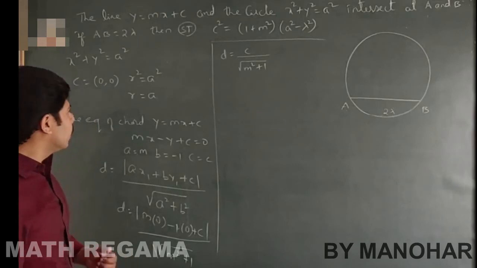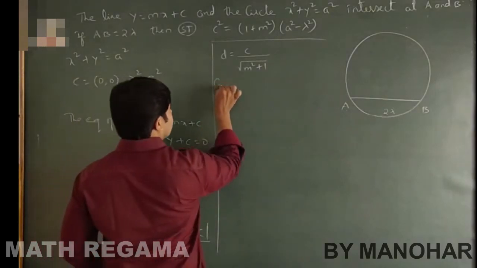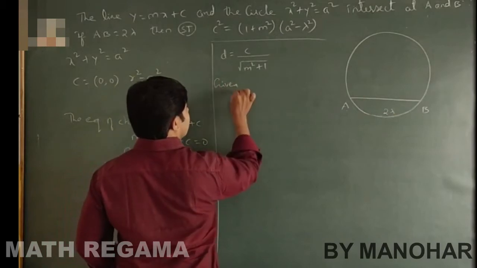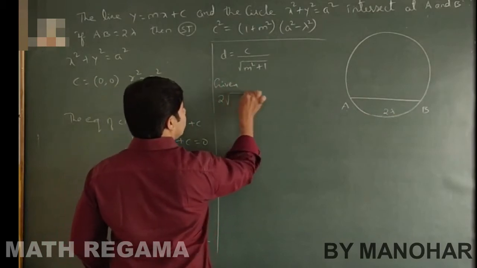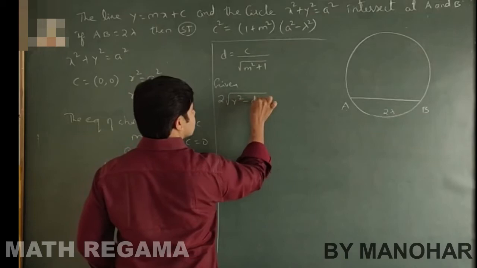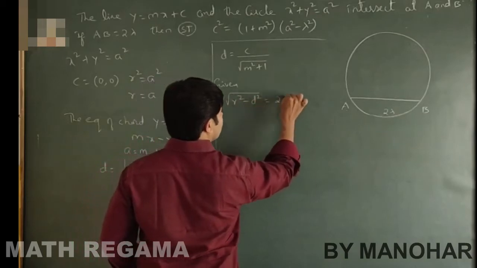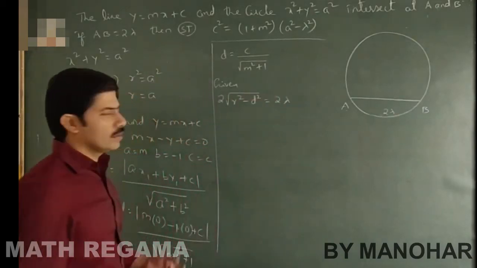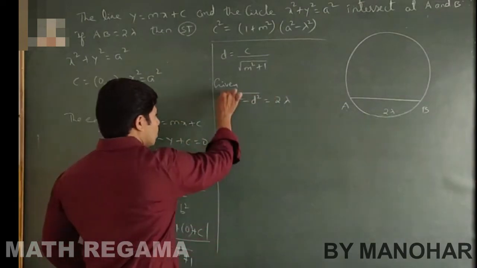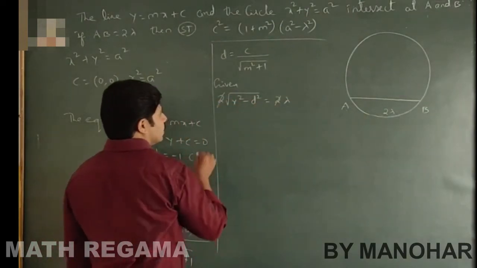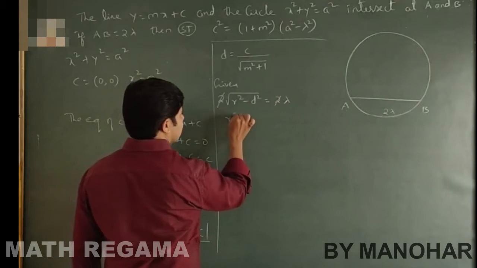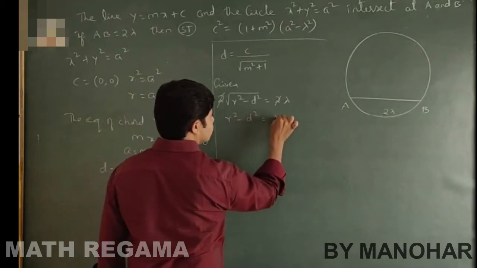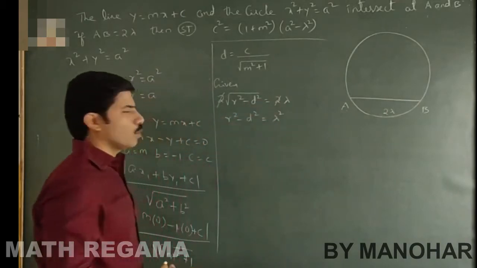After getting d, now we will write given. What is given? Length of chord 2 into under root of r square minus d square is equal to 2 lambda. This is given to us. So 2 you can cancel. Square both sides. r square minus d square is equal to lambda square.